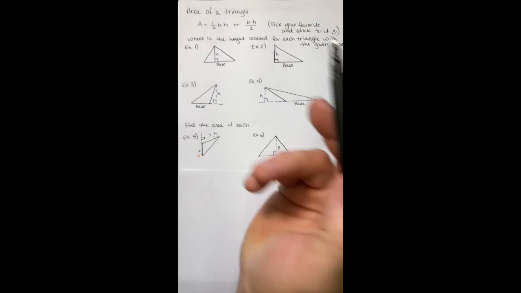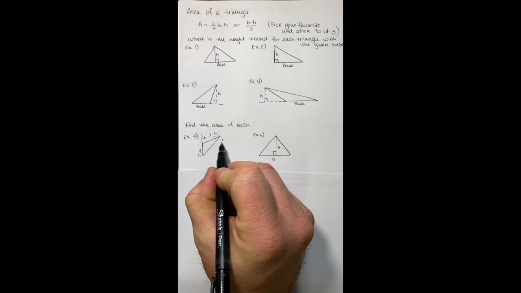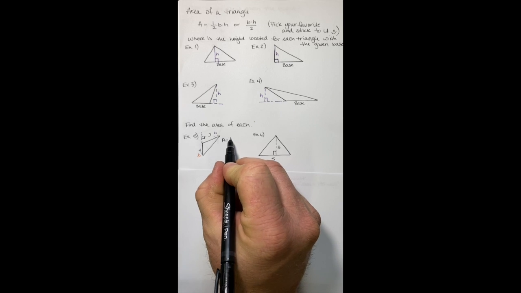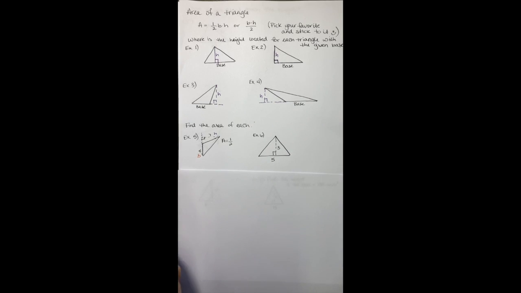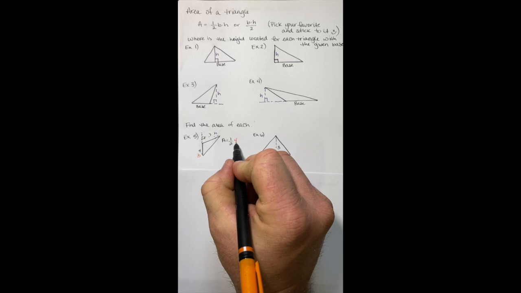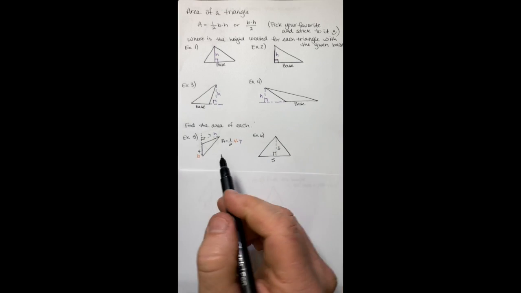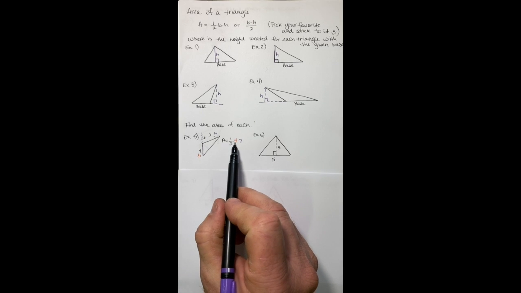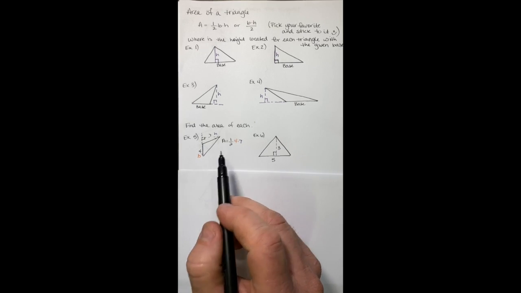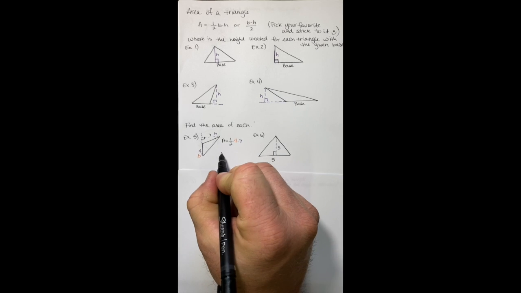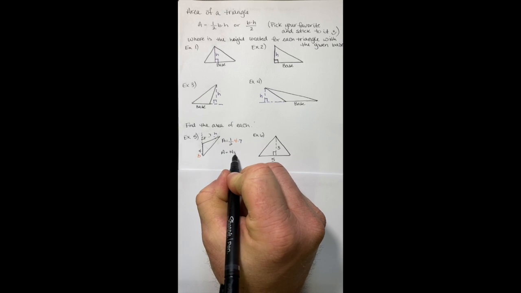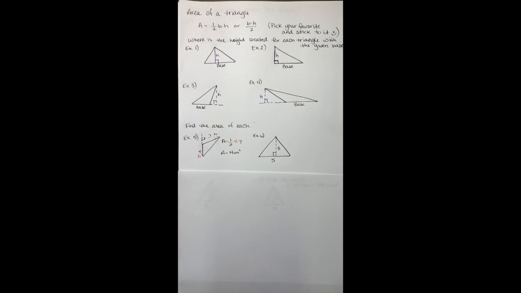If I take my equation, and I'll just use the first equation, 1/2 base times height, area equals 1/2 base, which is 4, times 7, which is my height. Half of 4 is 2, times 7 is 14. So that's my area, 14 units squared. If they were in meters, it'd be meters squared, etc.